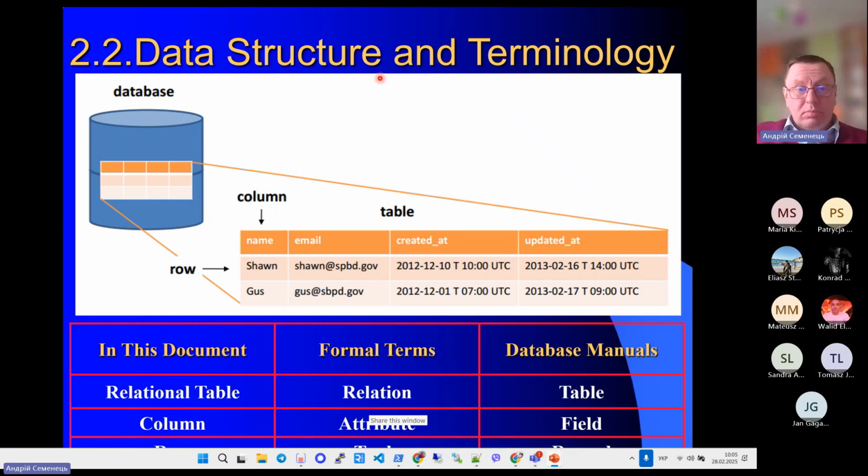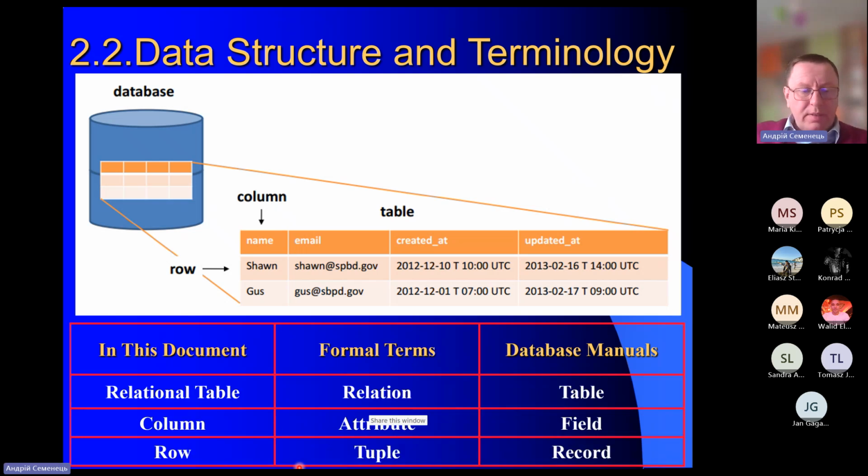So I already showed the table above. The only specific difference I want to show is terminology. When we talk about a table here, it's an informal table. We are talking about the so-called special branch of mathematics, relational algebra. And when we talk about table, column, and row, the special terms relation, attribute, and tuple had been used.